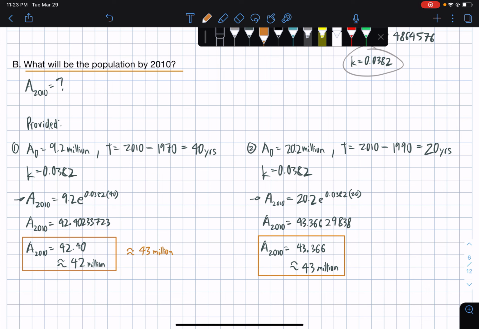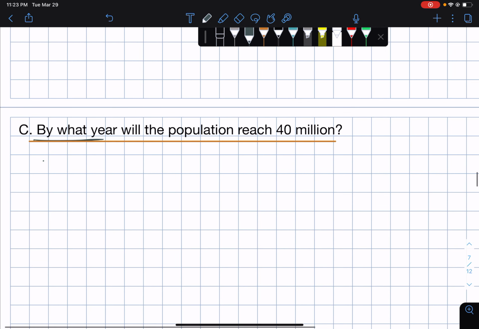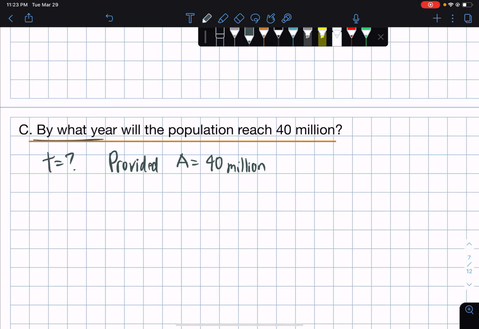That's our conclusion. For letter C, by what year? So the question is t is equal to question mark, provided that a is equal to 40 million. So by what year would the population of Mexico City reach 40 million?